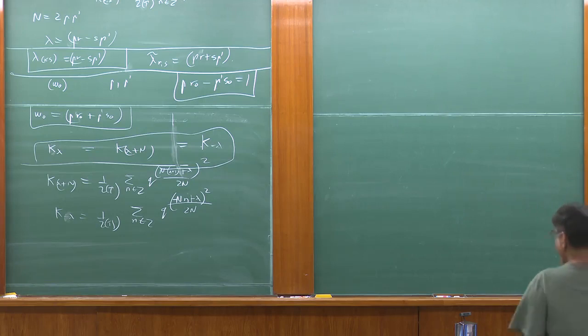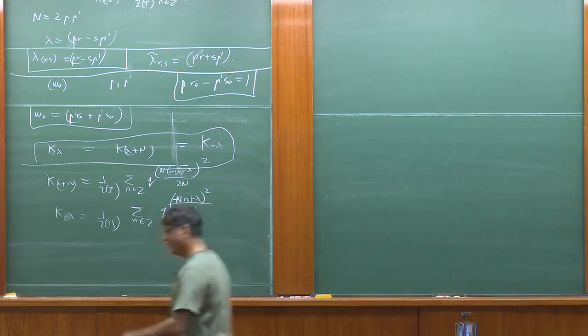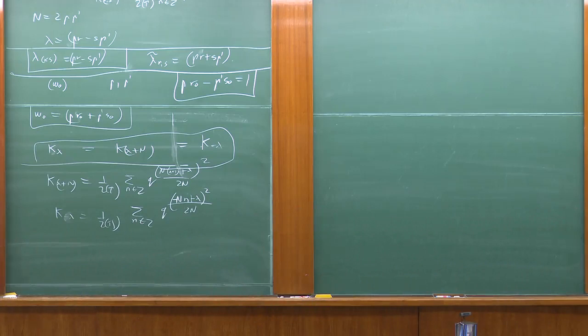Okay? But I'm now going to explain, because this character is not just K. It's K of lambda minus K of this lambda tilde. K doesn't have any other restriction, like there was some restriction on these R and S as functions of P and P prime.